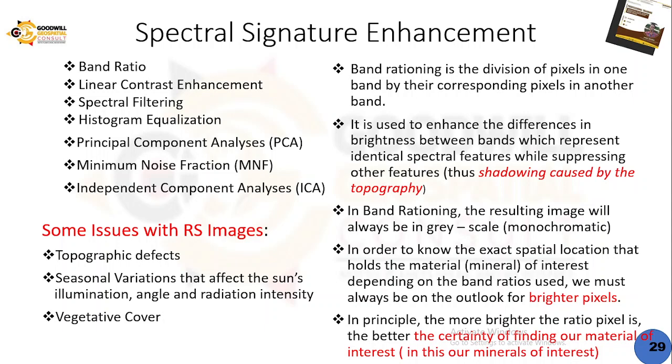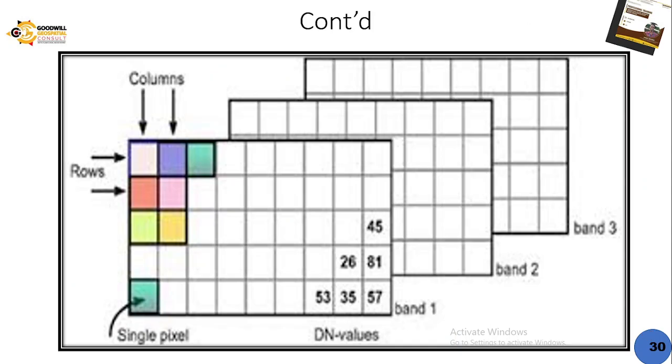So how do we get that effect out of the image? There are other correction mechanisms. We have to pre-process our image to take out the effect of humidity, the effect of cloud cover or vegetation cover, sorry, then the effect of topography. We can do them. So we correct our image.